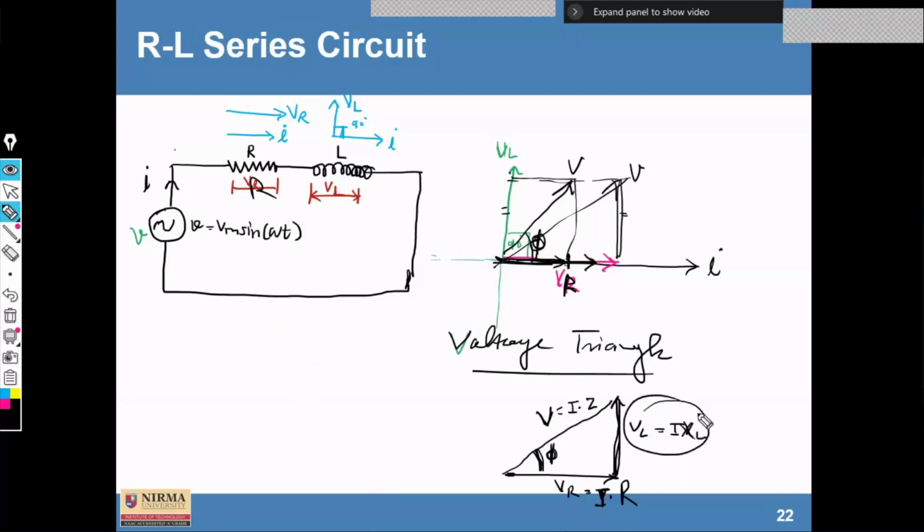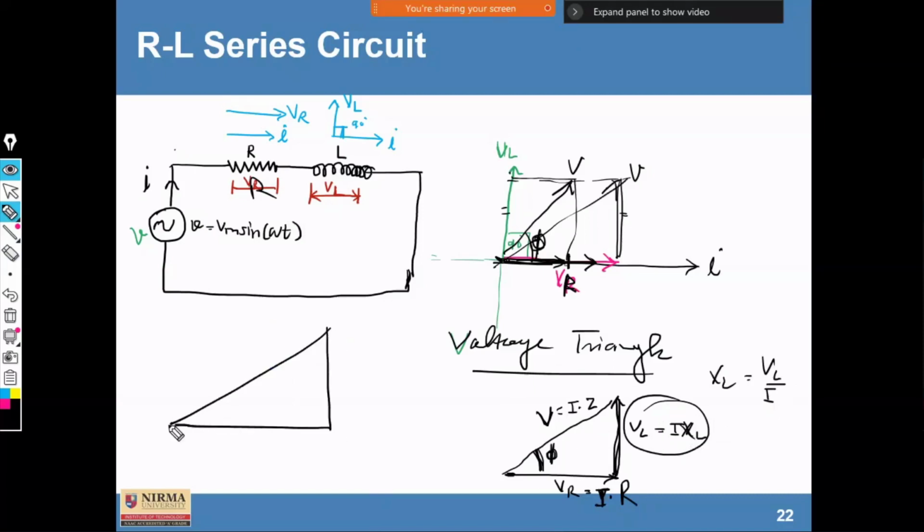So we can represent XL is equal to VL by I. The same triangle we can draw with XL equal to VL upon I. Similarly, R is equal to VR upon I.